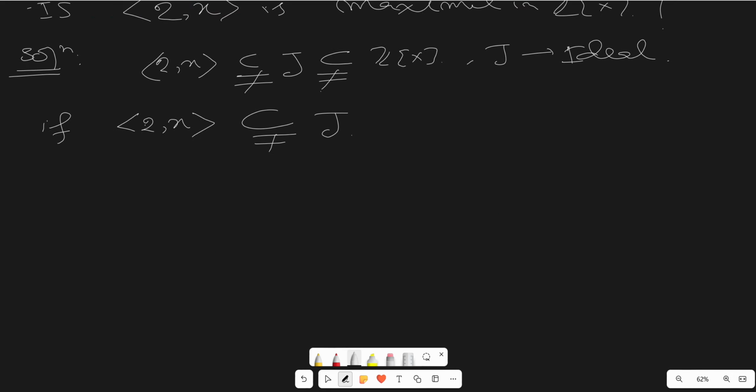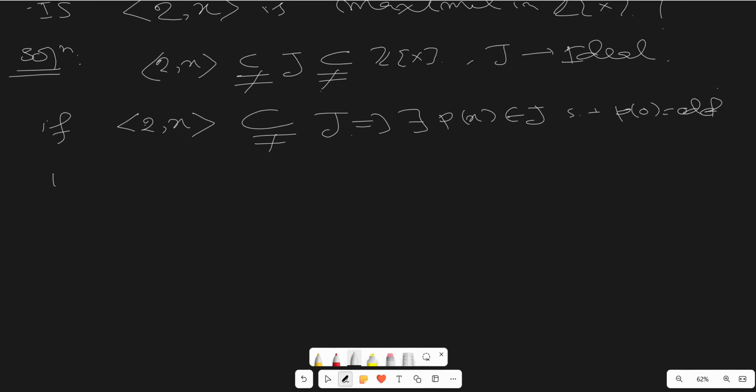So if it is properly contained in J, this implies that there exists p(x) inside J such that p(0) is odd. Since this is properly contained in J, there exists a polynomial p inside the ideal J such that p(0) is odd, right?